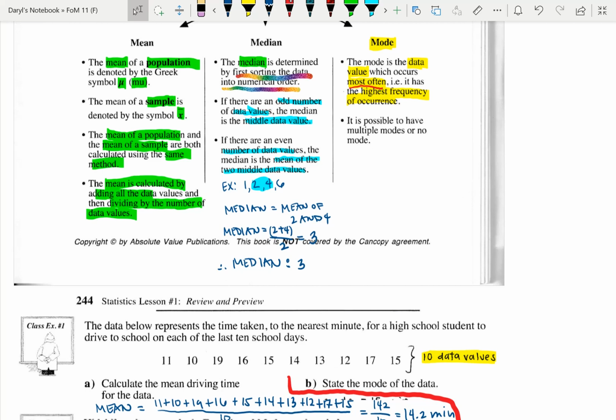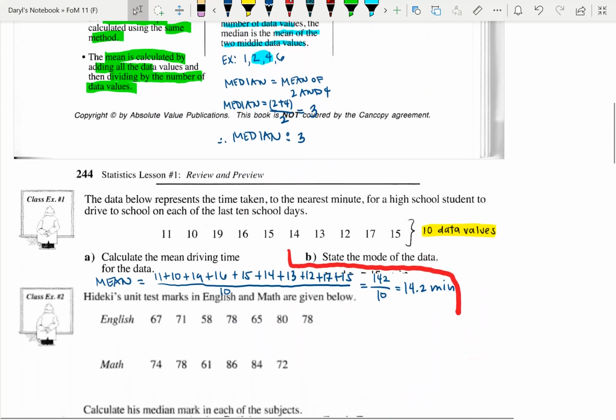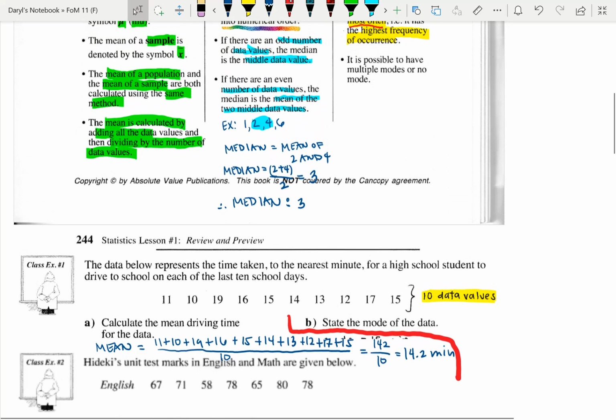Okay, so therefore you try to look at your data and then choose which of this data occur most often. Well, 11, there's only one 11 there. There's only one 10. There's only one 19, one 16. If you can see here, 15, I have two 15s. One 14, one 13, one 12, and one 17.